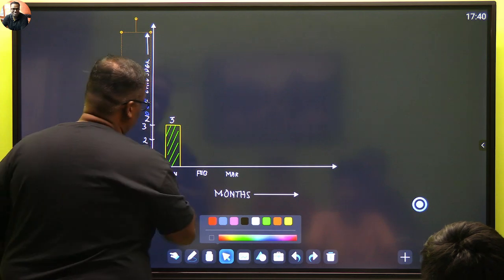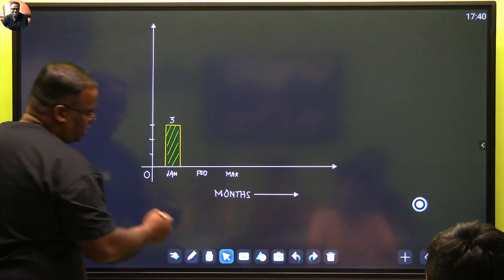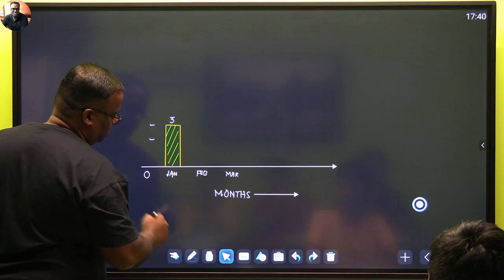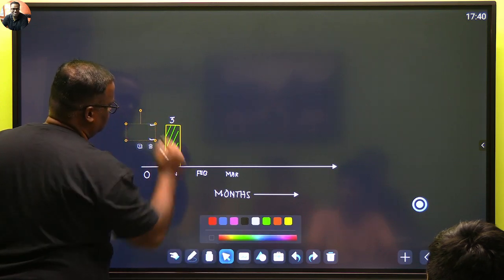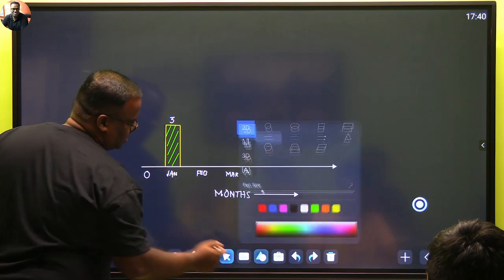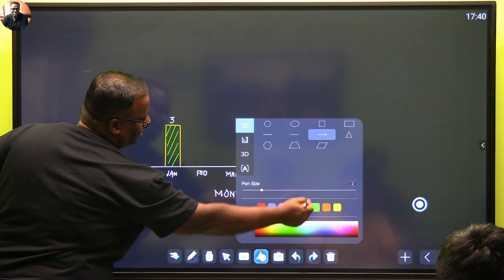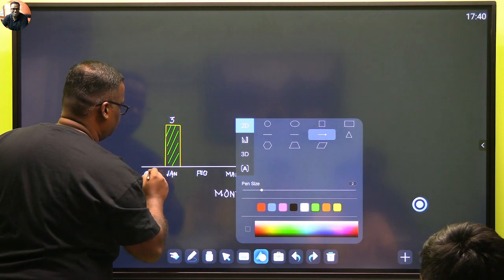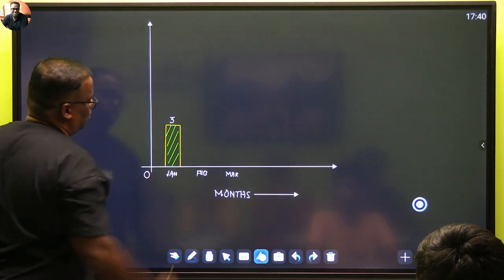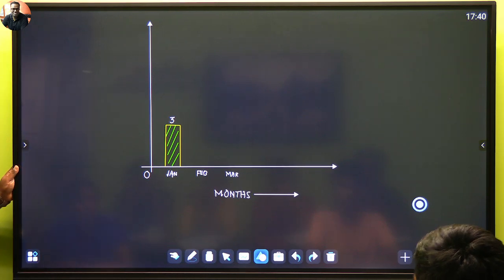So let's say our new data is such that the data starts from something like 25 crores minimum.